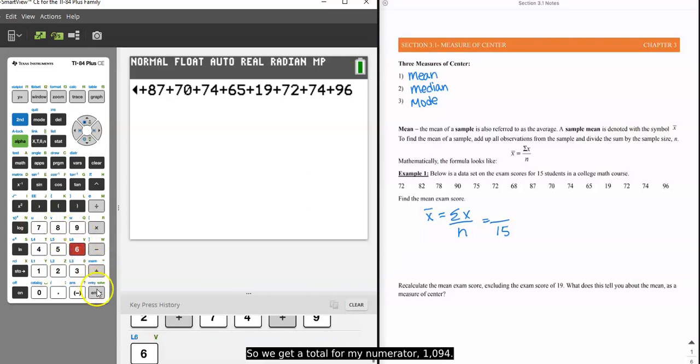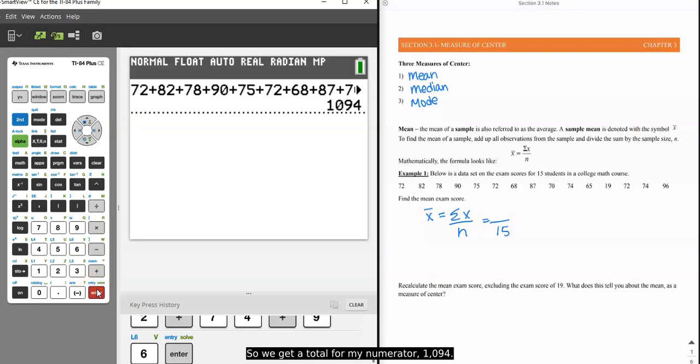So we get a total for my numerator. All right, 1094. And so what I want to do is just divide that 1094 by 15.